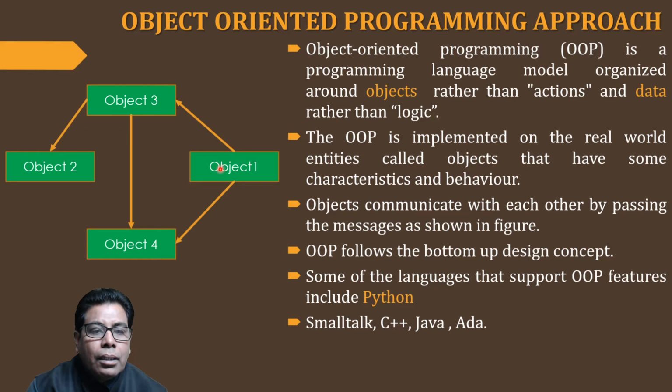The object-oriented programming approach is supported by many languages. One of them is Python. And then we have Smalltalk, C++, Java, Ada, etc. In today's video, we are going to discuss the features of Python.